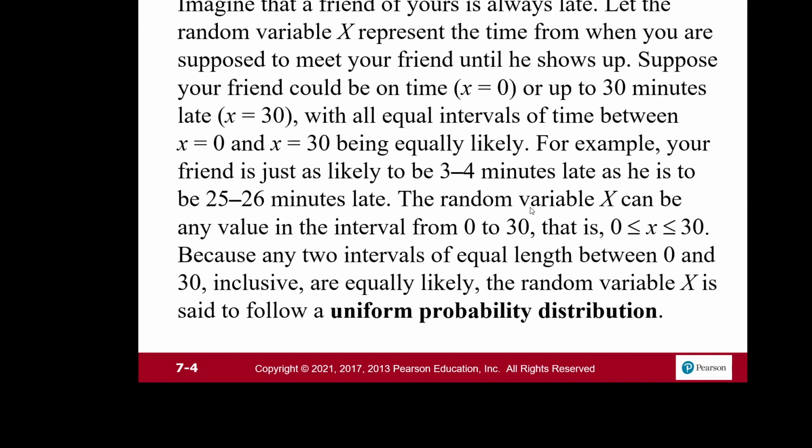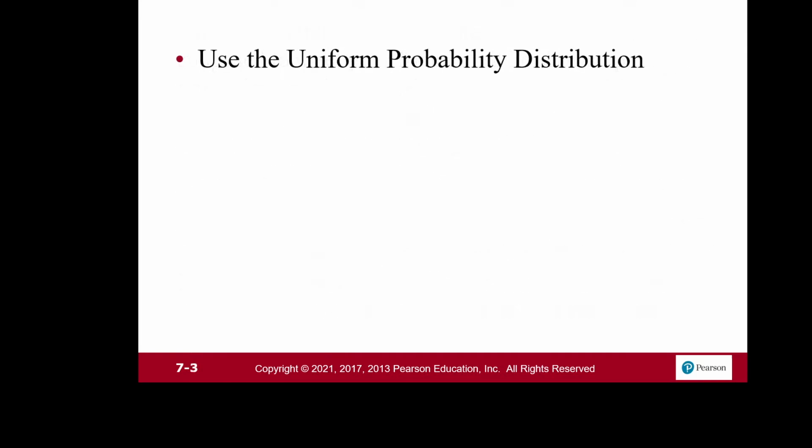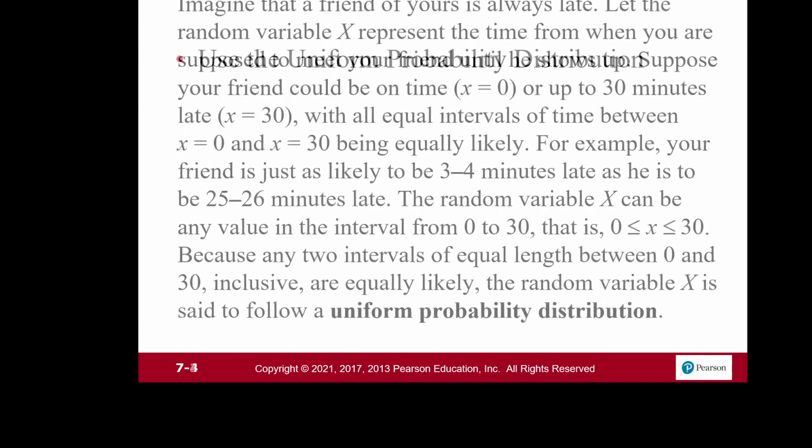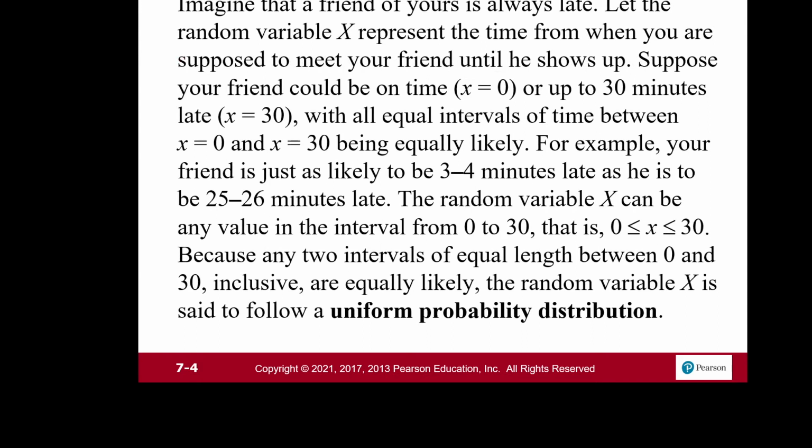The random variable x can be any value in the interval from 0 to 30. So that is 0 less than or equal to x, which is less than or equal to 30, because any two intervals of equal length between 0 and 30 inclusive are equally likely.